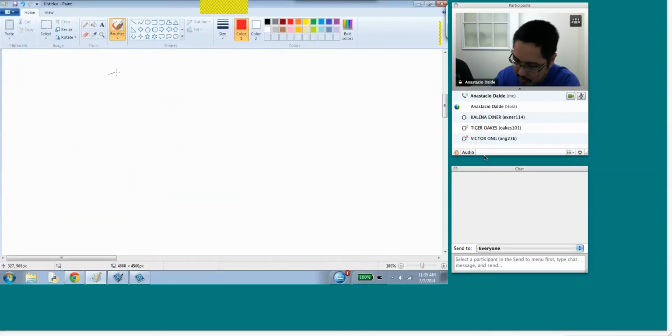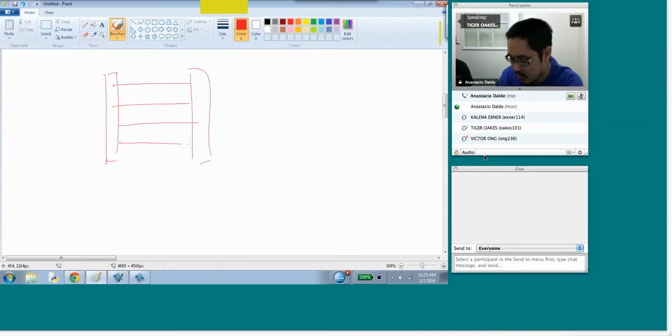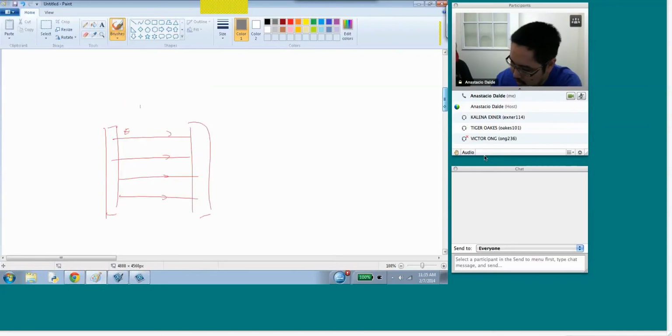Say that we have our parallel plate capacitor, and it has an electric field that goes across like this. Just goes straight. Here's the E field. And what I'm going to do is put in some kind of material, and that material usually looks like this. It's got these dipoles in it where there's this positive and negative. Are we cool?